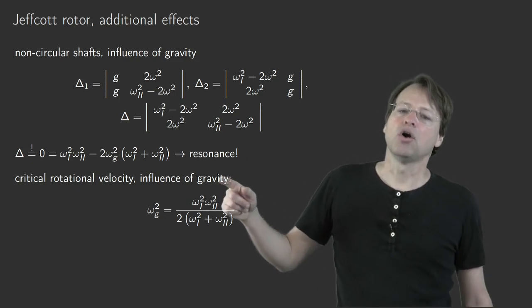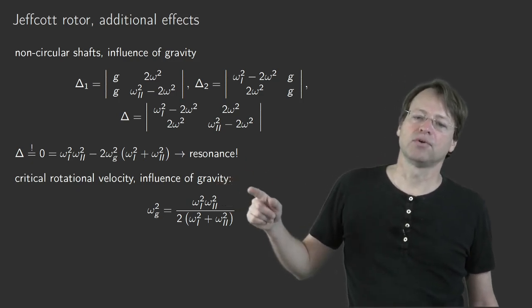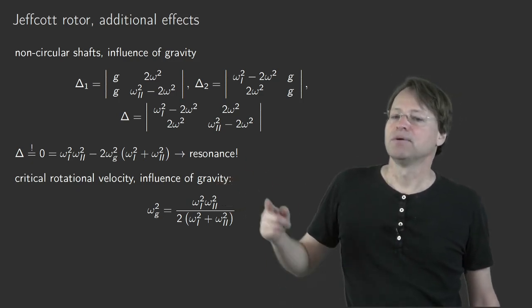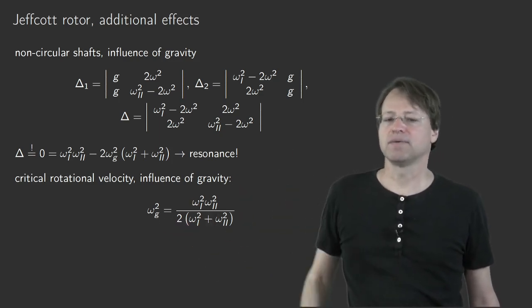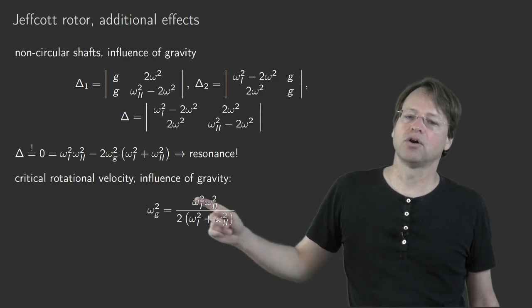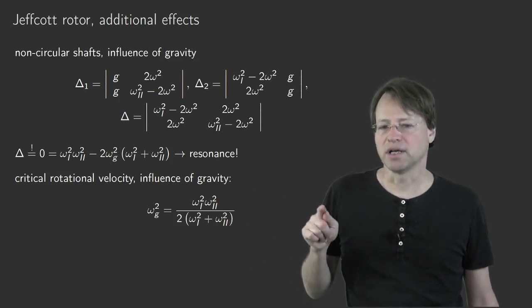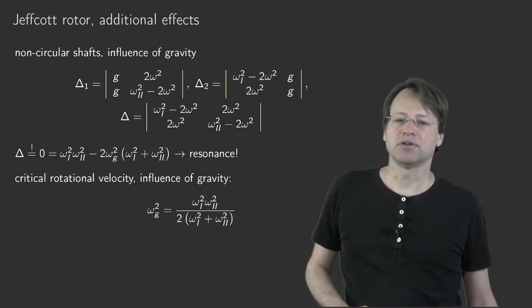So it is omega k to the fourth power divided by 4 times omega k squared, which is omega k squared divided by 4. If we take the square root, then we arrive at omega g being equal to omega k divided by 2.